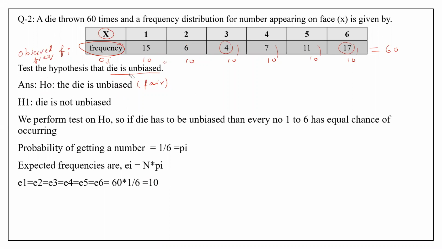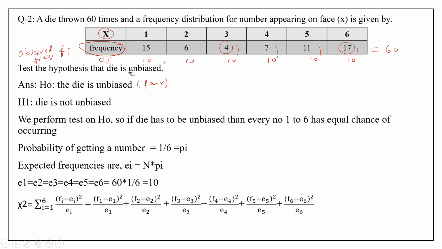All right. To do that, we need the chi-square distribution formula: summation of Fi minus Ei whole square by Ei, with i values from 1 to 6. Just put in the summation values. F1 will be your 15, so this will be 15 minus 10 whole square divided by 10.